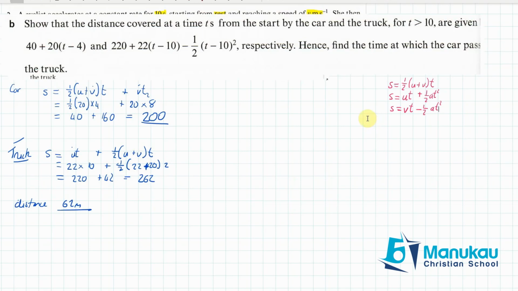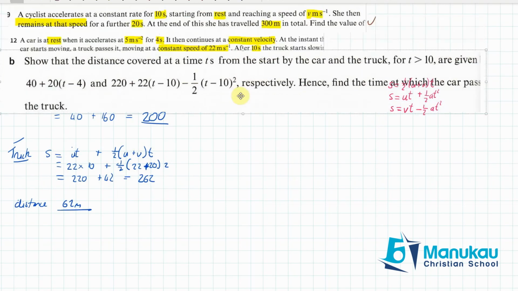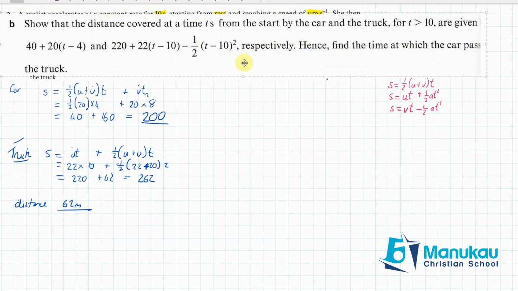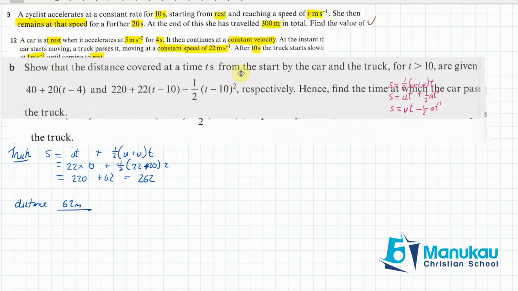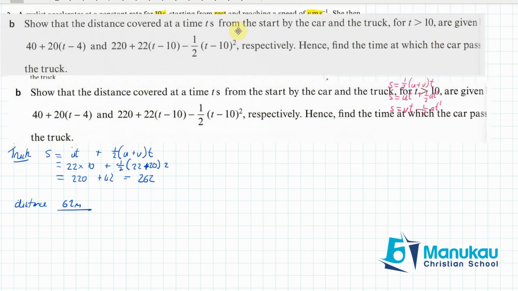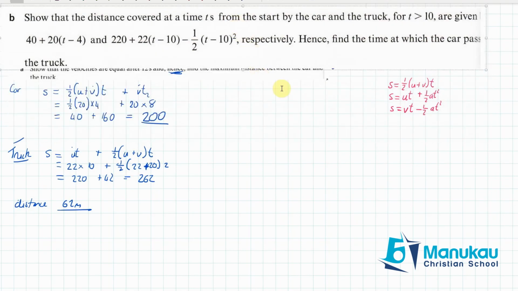Now, I think with the car, if I remember rightly, we are starting at rest. So the first part of the car equation is going to be constant acceleration, and we know that after 4 seconds, how far has it traveled?